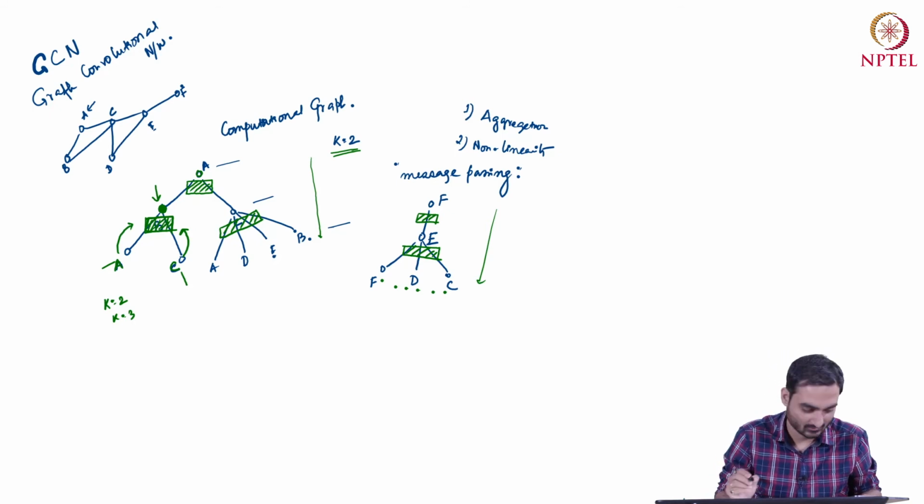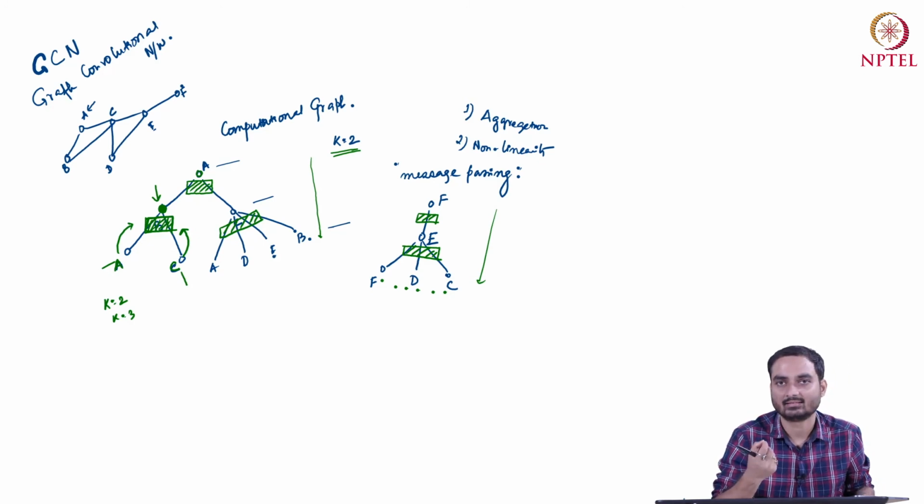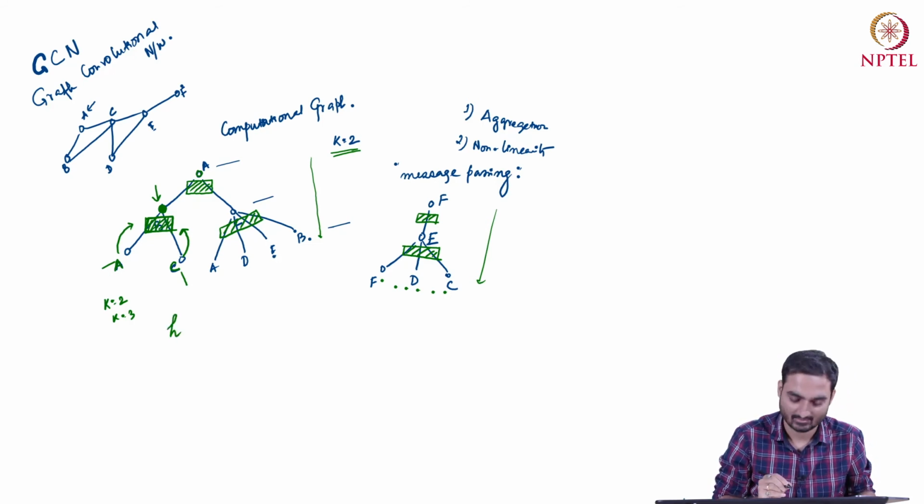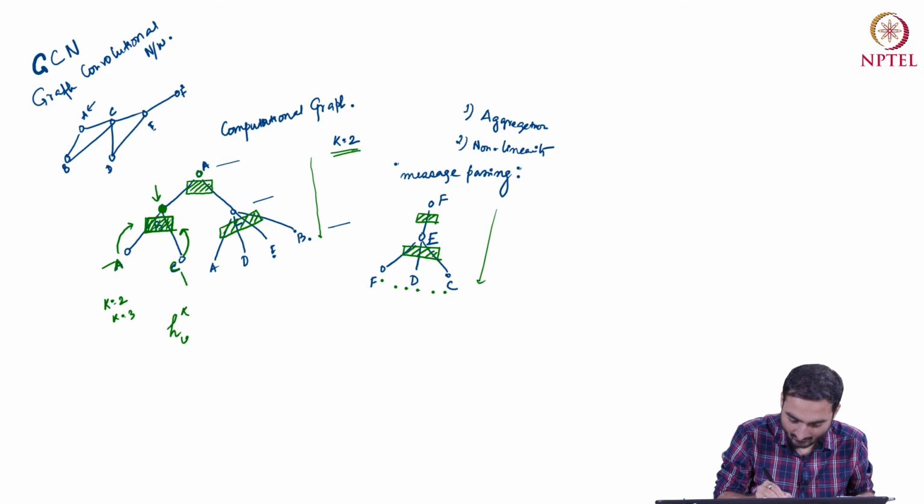So, let me write what I exactly meant to say. Now, this message is nothing but a representation. So, at every step your representation is getting updated. The representation denoted by H of a particular node V at time k would look like this.